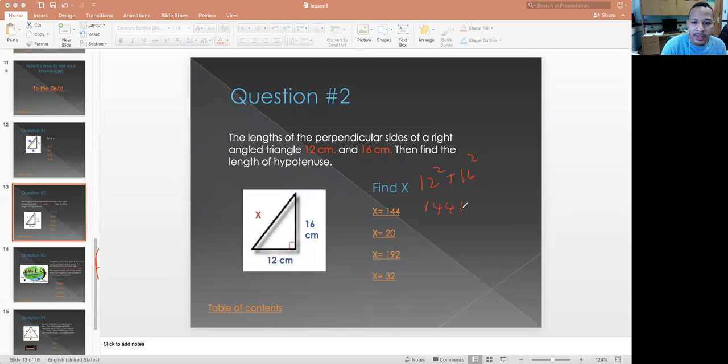It'll be 144, and then 256, I'm sorry, so it'll be 144 plus 256, and that gives us c squared is 400. c would be the square root of 400, which would be 20. So c equals 20.